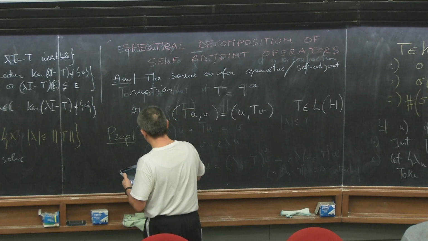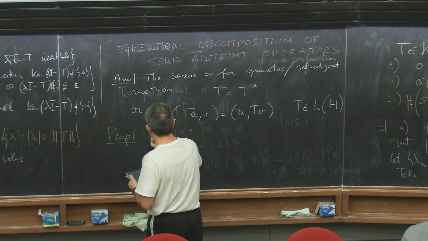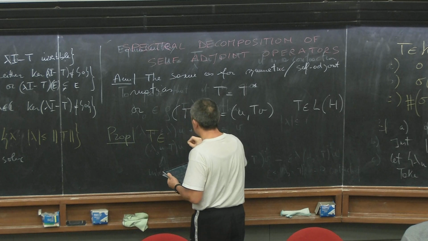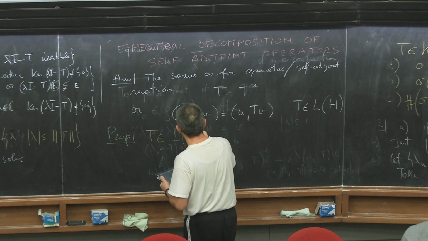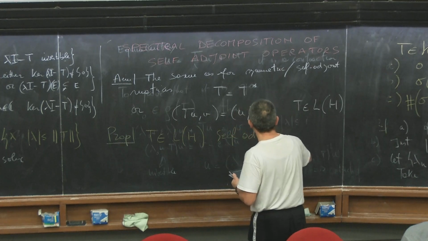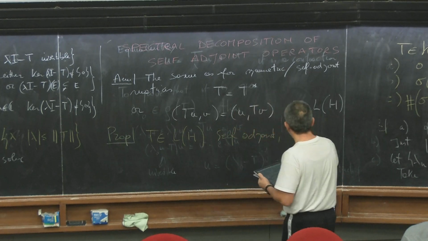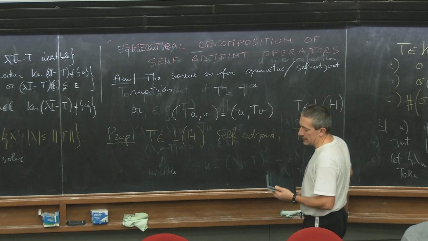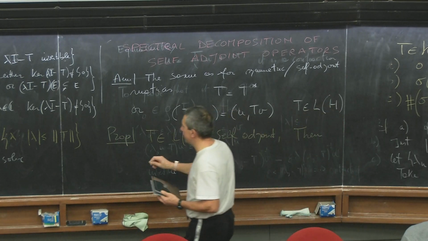So, proposition: if T is a linear operator on a Hilbert space and it's self-adjoint, then the spectrum is real.